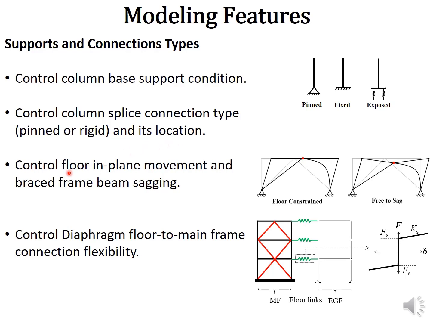You can control the floor diaphragm in-plane movement, as well as the braced frame beam sagging. These are all options that are available to select from. You can also control the diaphragm floor to the main frame connection flexibility by tuning the strength and stiffness parameters of the floor links attaching the two systems together.